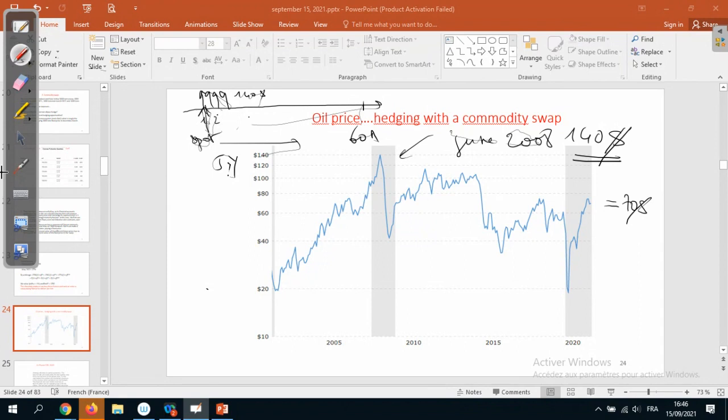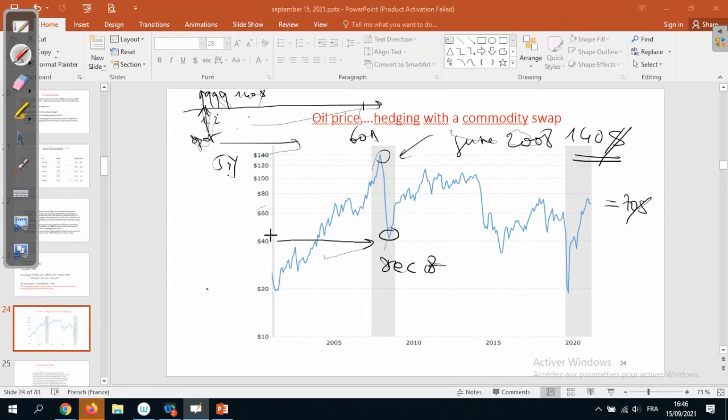And look at the picture. They make this swap here, paying fixed, 140. 6 months later, in December, I know very well this case, so I know. In December 08, the oil price moved down a lot because Lehman Brothers defaulted and it was a big trouble in the economy.